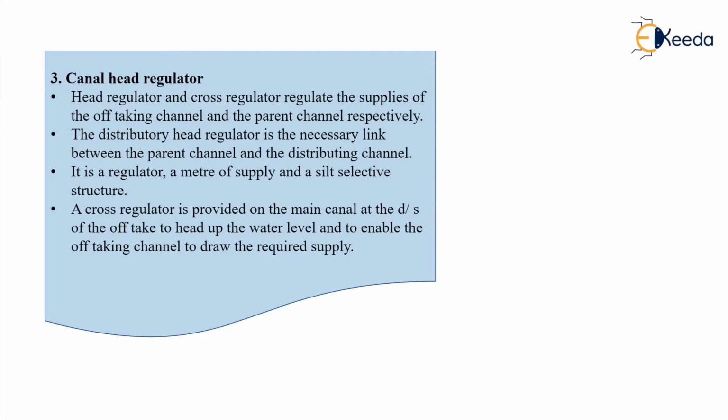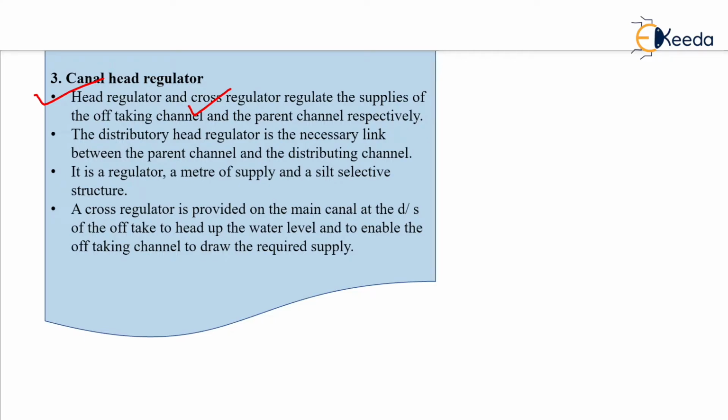So let's see what exactly the canal head regulator is. Basically, the canal head regulator is categorized into two systems, that is a head regulator and a cross regulator. You can see here this is a head regulator and this is a cross regulator.